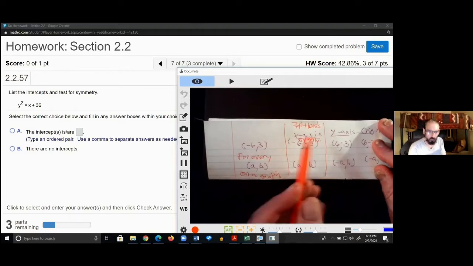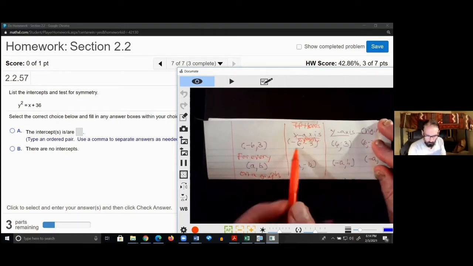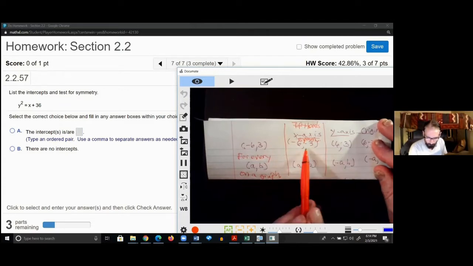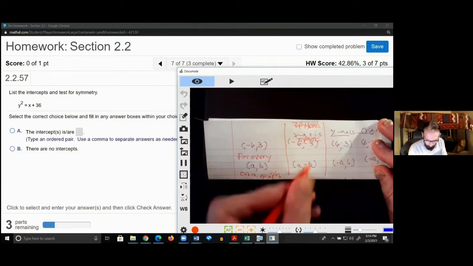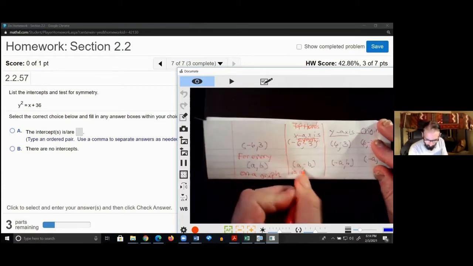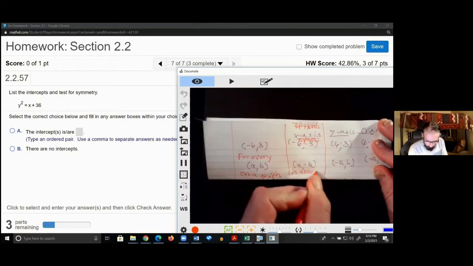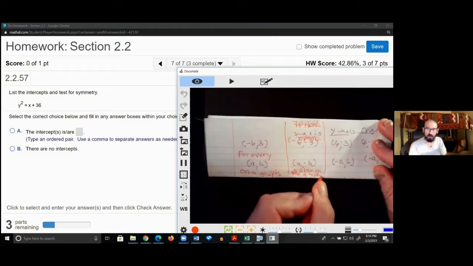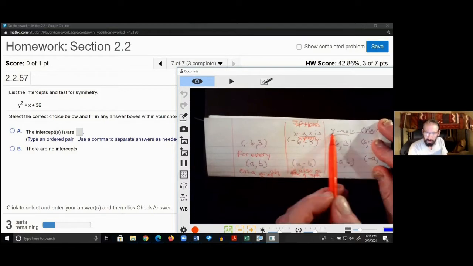So notice that reversal. Any point on the graph, change the sign of the y-coordinate. That point is also on the graph. X-axis symmetry, change the sign of y. Y-axis symmetry, change the sign of x.